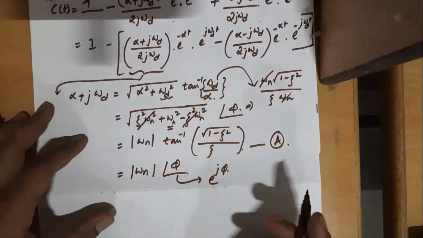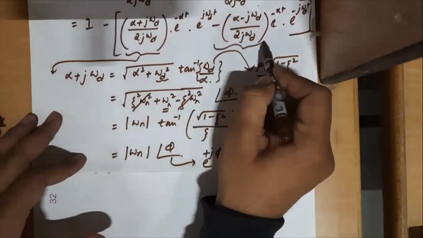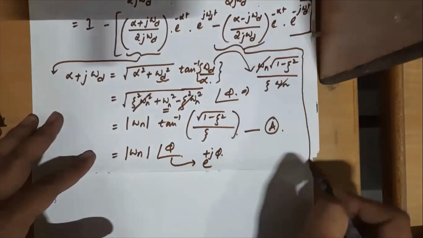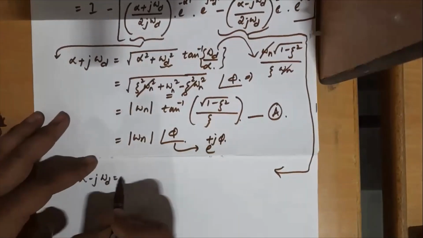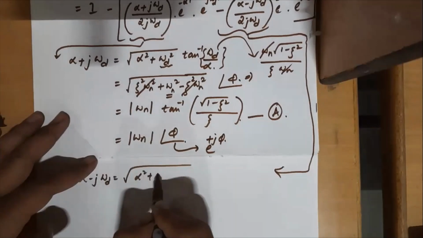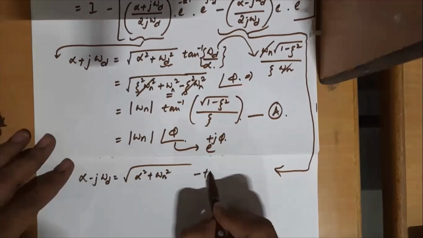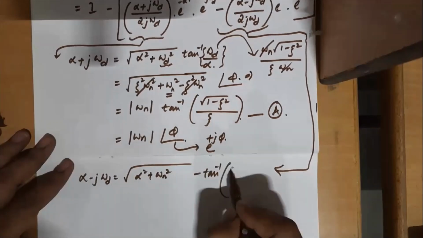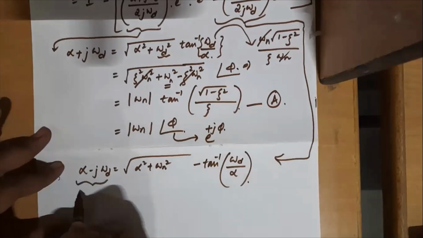Okay, as I have already told, angle phi can be written as e raised to plus j phi. So now let us go for this term, alpha minus j omega d. For this the magnitude will remain the same, but the phase angle will have minus tan inverse because it is in the fourth quadrant, negative imaginary axis, positive real axis.